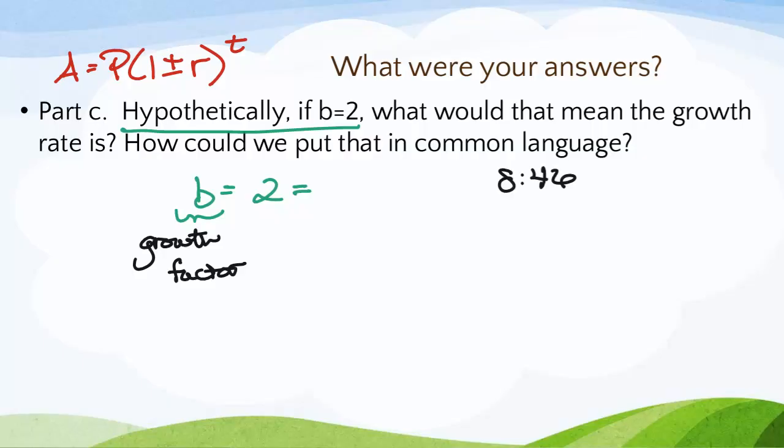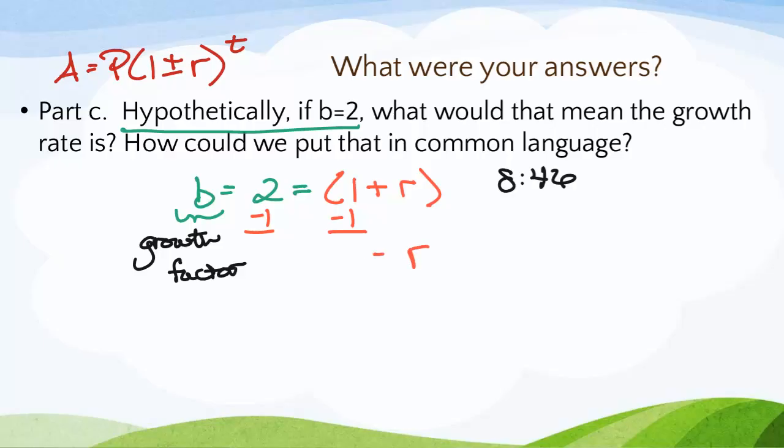Right, it's 1 plus or minus r, and in this case, if the fish are increasing, it's going to have to be 1 plus r, right? So if 2 is equal to that, how would I solve for the rate? Yeah, subtract 1.